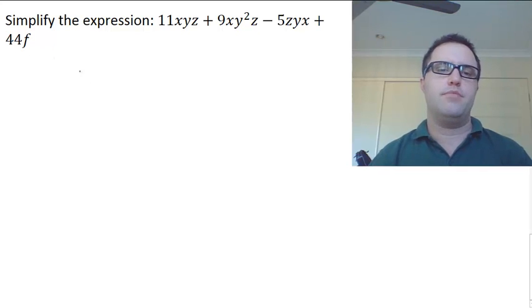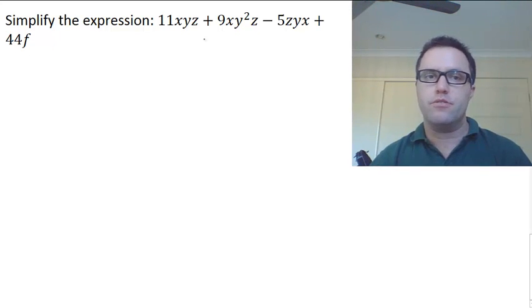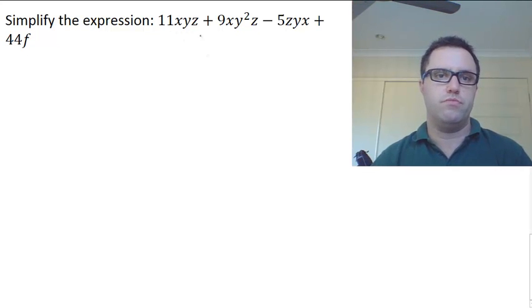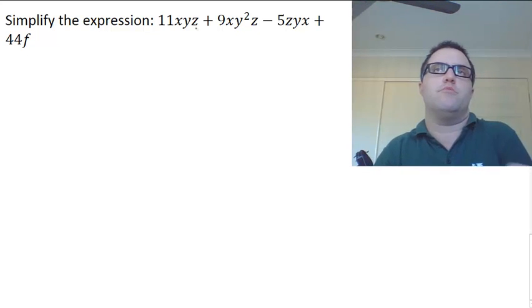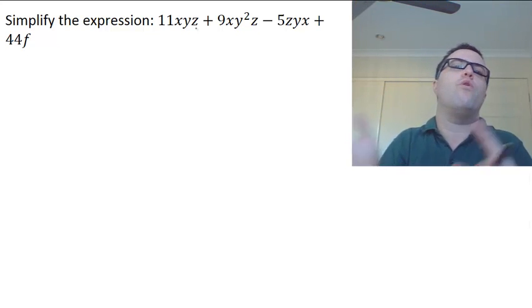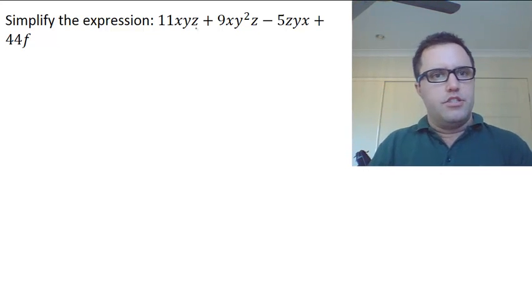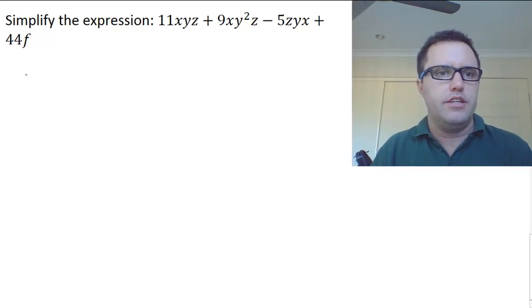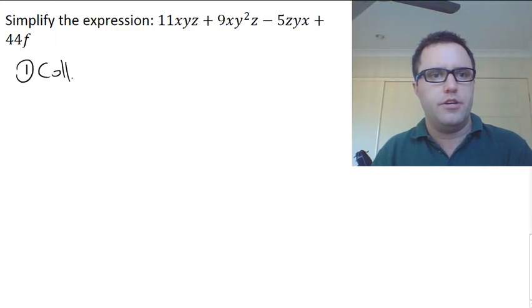It's completely irrelevant what the variables actually equate to or what number they are. It doesn't matter. That's the sort of thing with algebra. It's generalized. It's been made abstract. You can do stuff with it that works all of the time. So our first step is that we'll collect like terms.